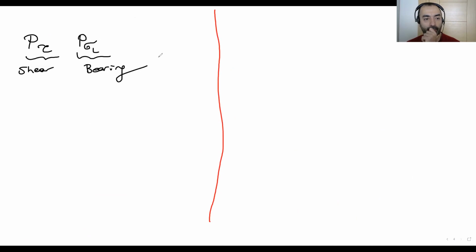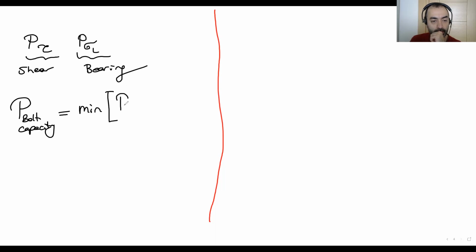So the total bolt capacity, P bolt capacity, is the minimum of these two, P2 and PGL.